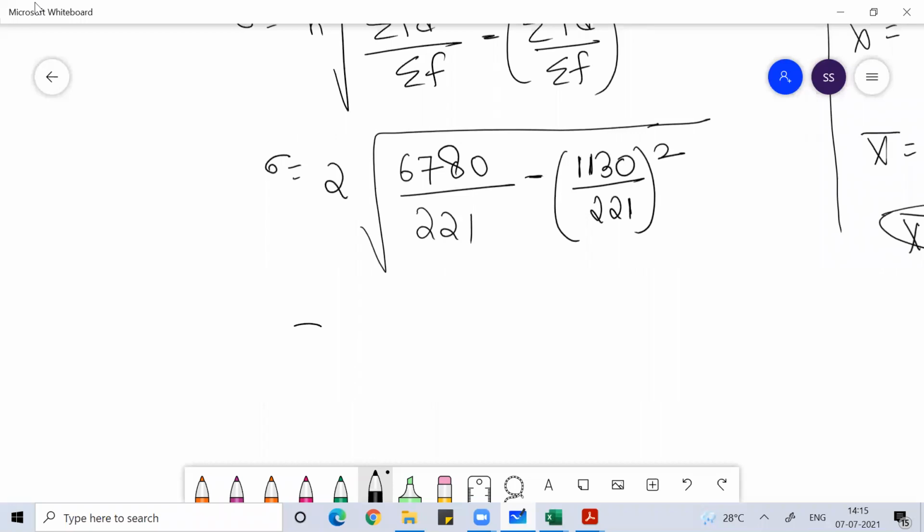So sigma is equal to 2 under root of 6780 by 221.